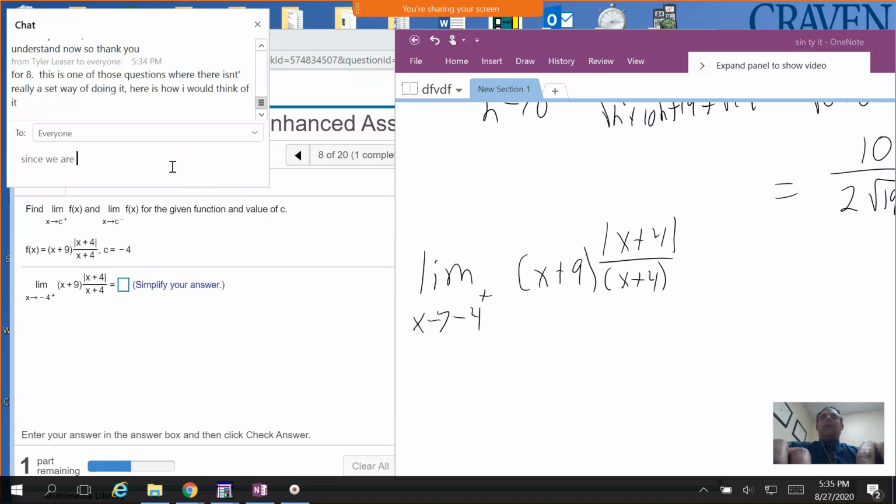Since we are approaching negative 4 from the right, you can think of it like we are plugging in numbers very close to negative 4 that are slightly bigger than negative 4, such as negative 3.999.